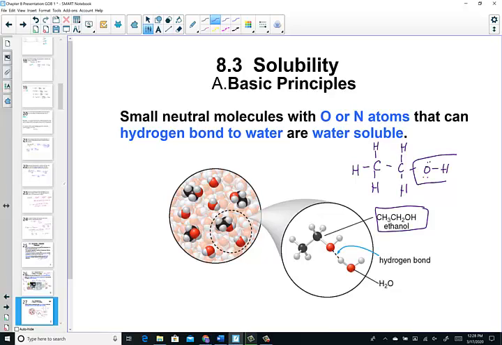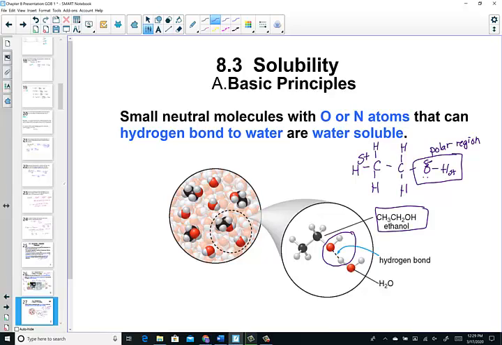This is a very polar region of the molecule, meaning that I have a very electron-rich oxygen, making that area partial negative. I also have a nonpolar area in the hydrocarbon chain and a nice positive charge over here as well. So you can see a hydrogen bond forming between the water and the alcohol unit, the OH unit, on ethanol. That helps to create solubility.